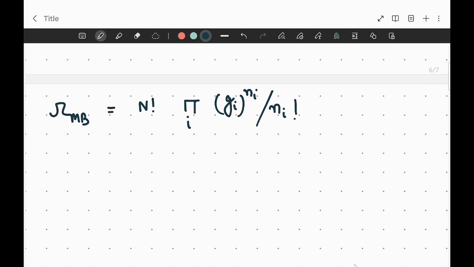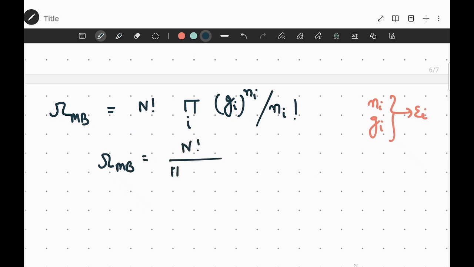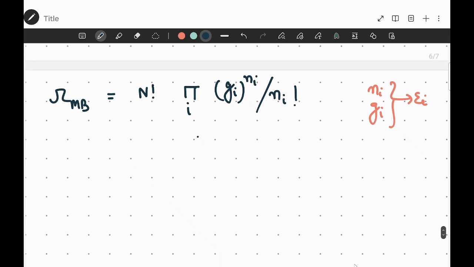Here n_i is the number of particles in the energy state e_i, and g_i is the degeneracy of that energy state. Correct? When there is no degeneracy, that is the formula we have used widely. So this is for Maxwell-Boltzmann, right?